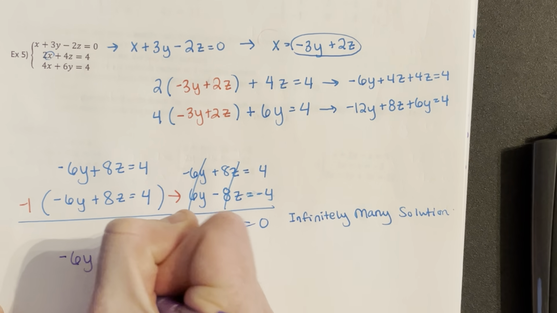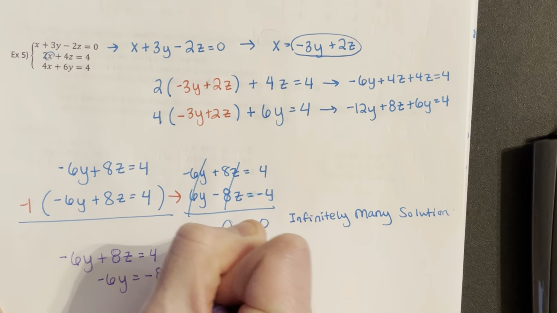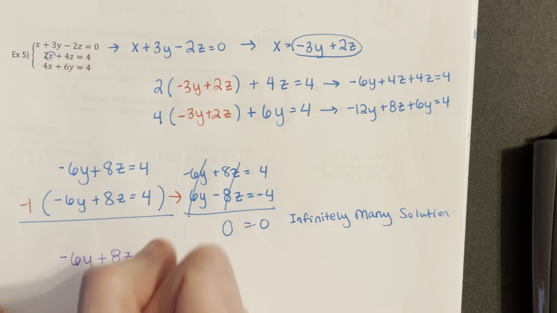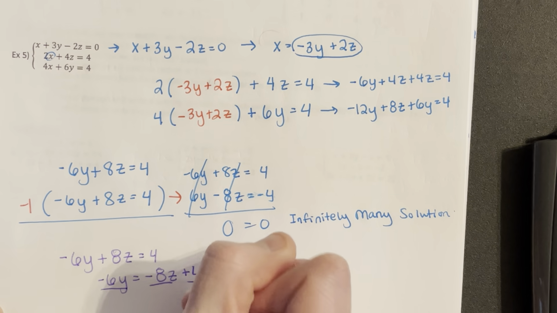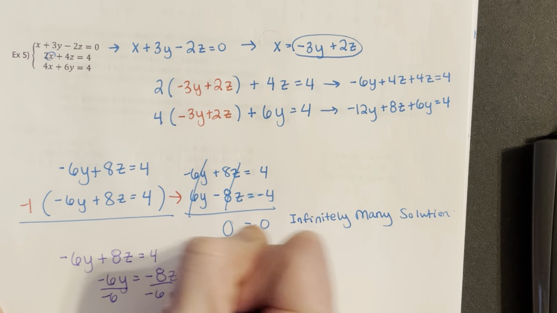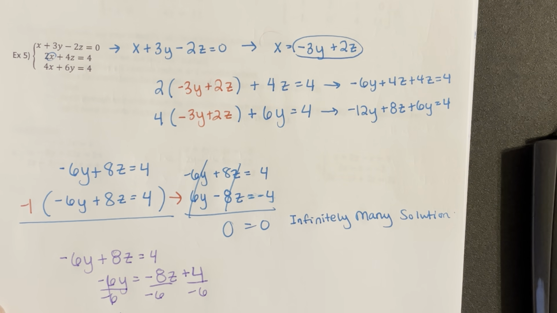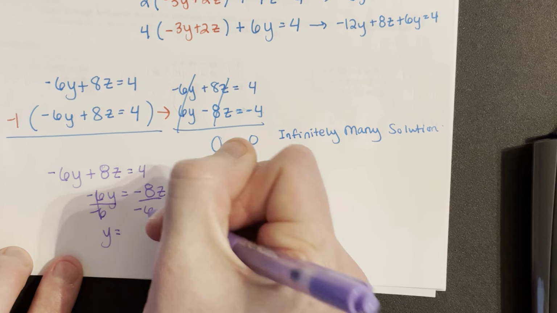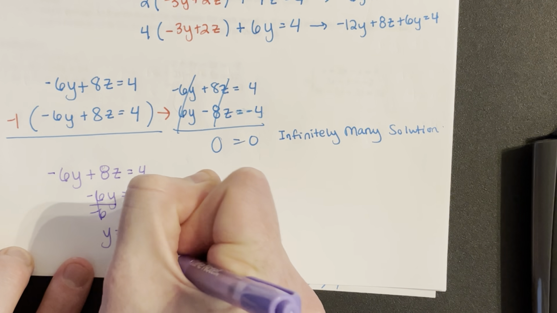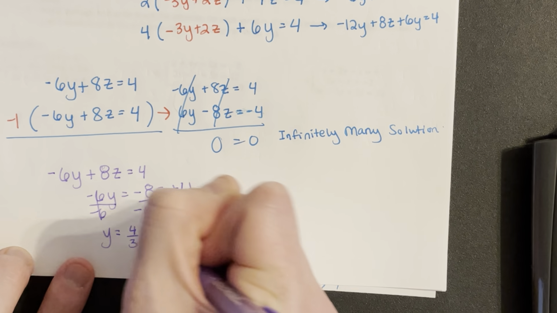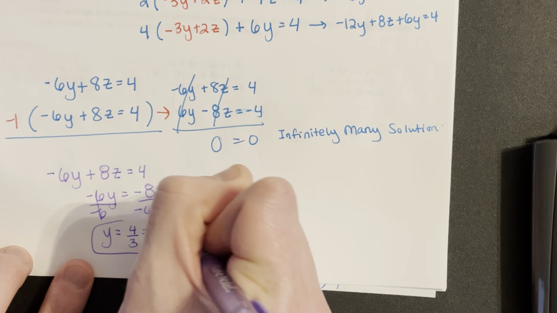Negative 6y equals negative 8z plus 4. Divide by negative 6. Leaves me with y equals, and then that would reduce, 8 over 6 reduces to 4/3 z minus 2/3. So y is in terms of z.